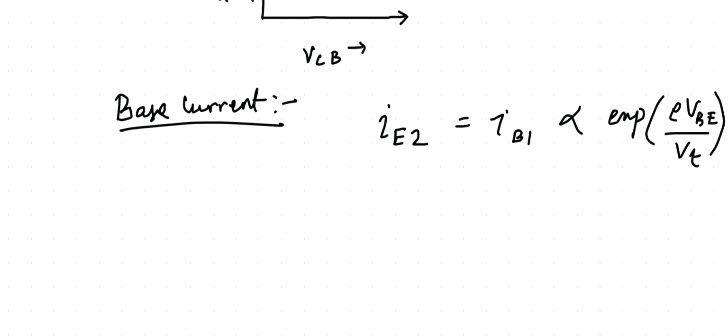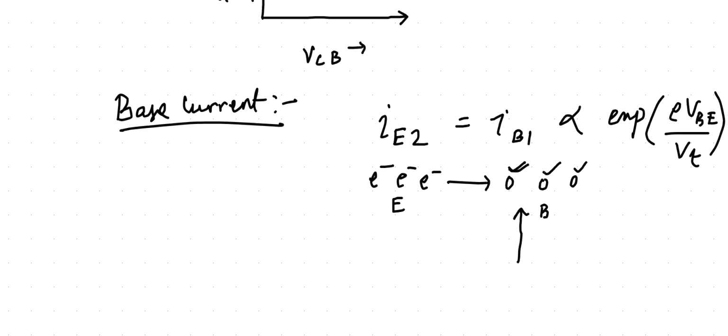In the base region, we have a higher concentration of holes. Now the electrons moving from the emitter to the base will make these holes vanish. Whatever amount of holes disappear because of the injection of electrons from the emitter region to the base region, we should supply that amount of extra positive charge, so that the equilibrium concentration is maintained.